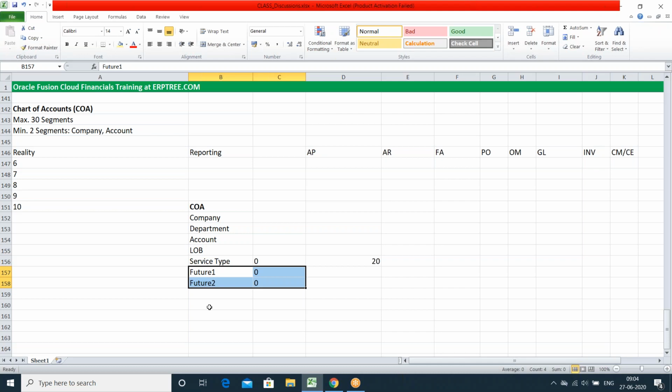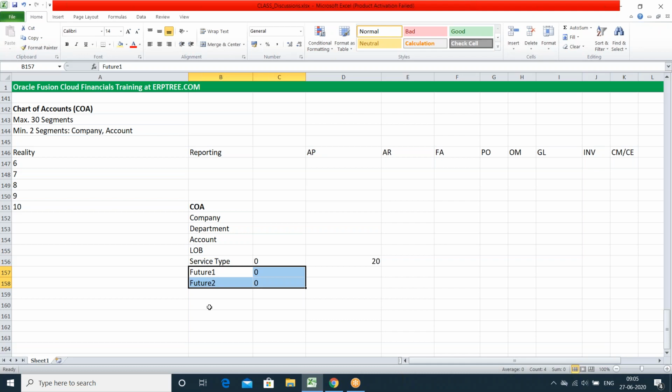Otherwise, we should not add any additional segments into the chart of accounts. Even if the system allows it, it will create many data inconsistency issues, so the data which is already created will get disturbed. These are the key points we have to understand.